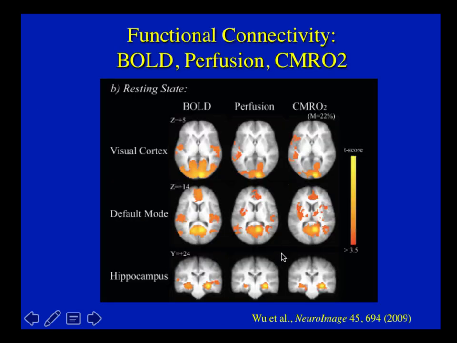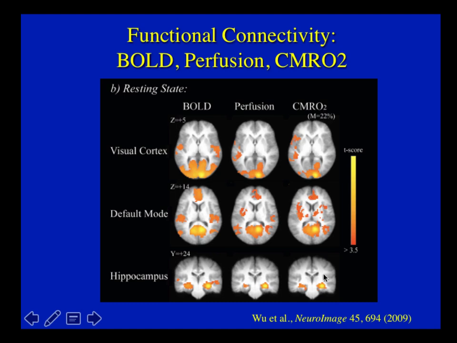So here's the last slide. So now we have a way to measure the functional connectivity maps with BOLD, and functional connectivity maps with perfusion, and this group has actually combined these two pieces of information and created functional connectivity maps based on CMRO2.